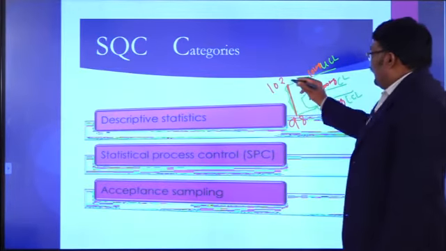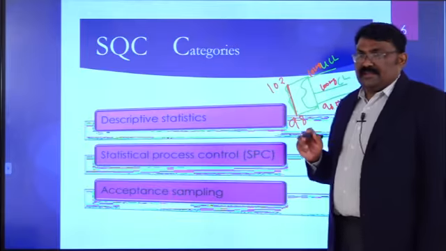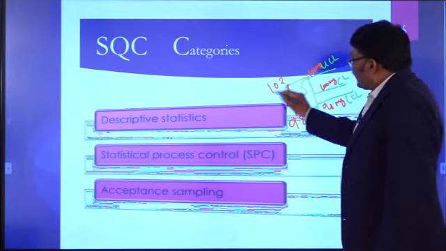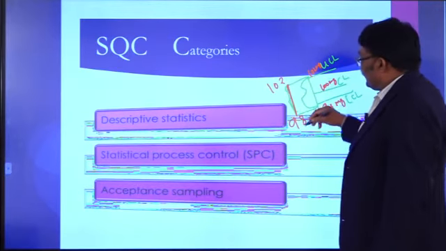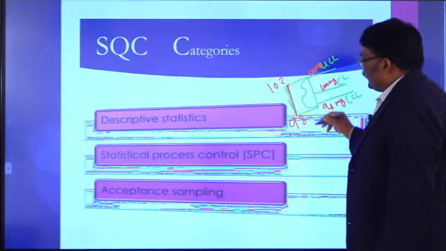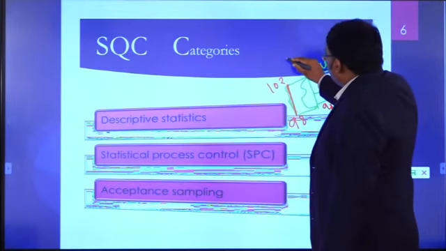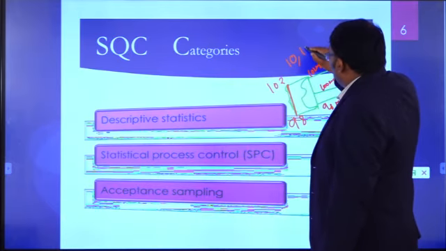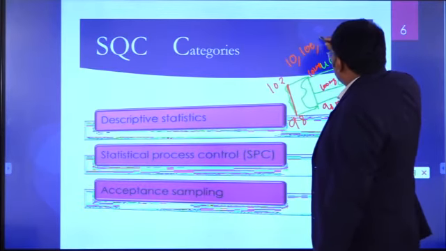Now, in this 102, 98, the sample size which I take while selecting it, I may take 10 products in a lot, 100 products in a lot, or 1000 products in a lot.